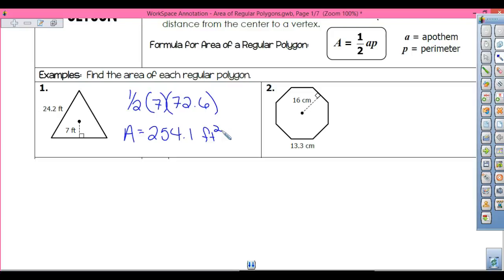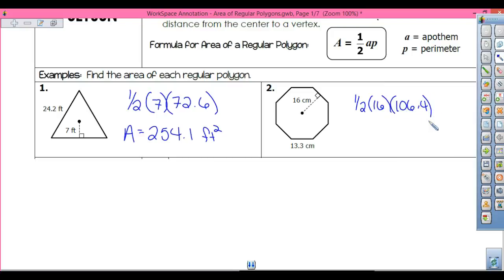What kind of figure do I have in number 2? It's an octagon, so I take 13.3 times 8. The area is 1/2 times my apothem, 16, times my perimeter, 106.4.